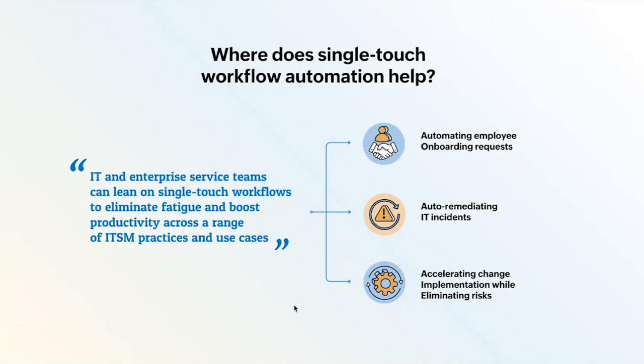A couple of examples would be automating the employee onboarding request, or auto-remediating IT incidents. For example, let's assume you have a lot of servers within your organization, and you already have an automation in place. Whenever a server hits a capacity of 95% and above with its CPU level, you automatically trigger an incident into your instance.